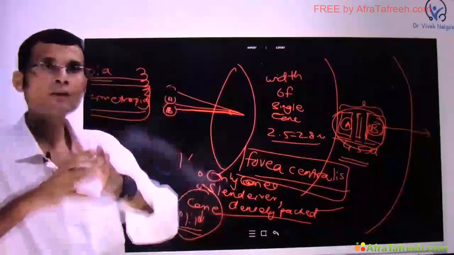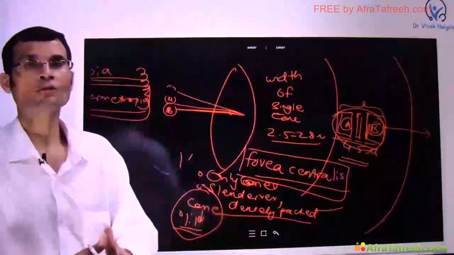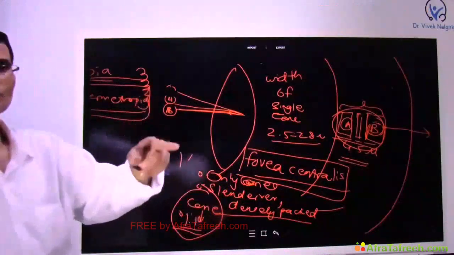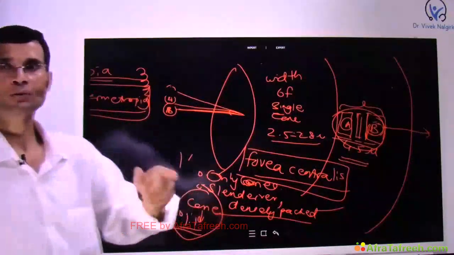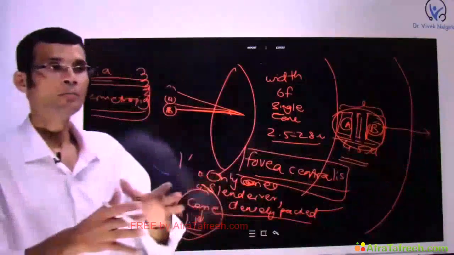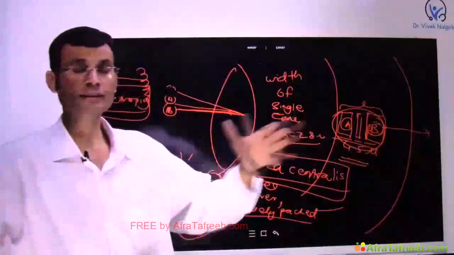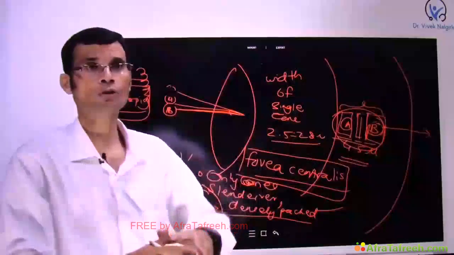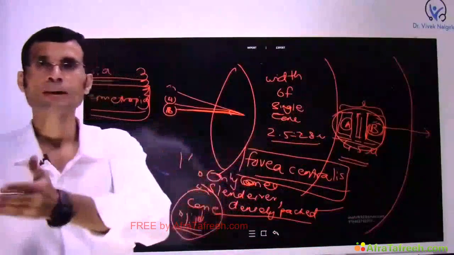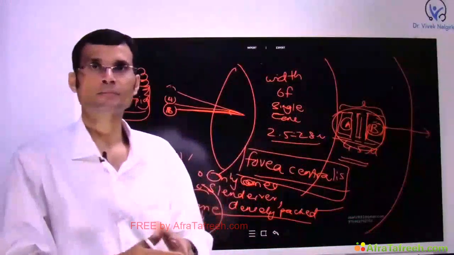Secondly, many rods converge on one optic nerve fiber. Remember, in the fovea, the photoreceptor to optic nerve fiber ratio was 1:1. But as you go to the peripheral parts, almost 60 rods will converge on one optic nerve fiber, which means their receptor potentials will be summated.